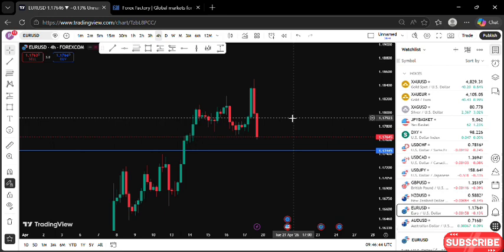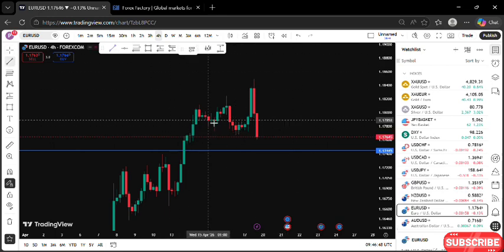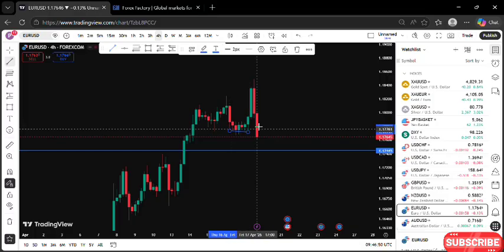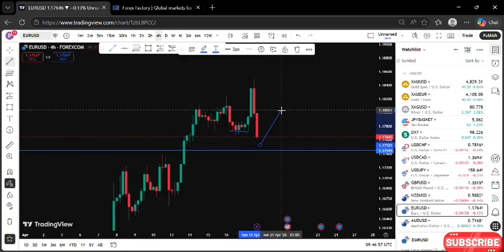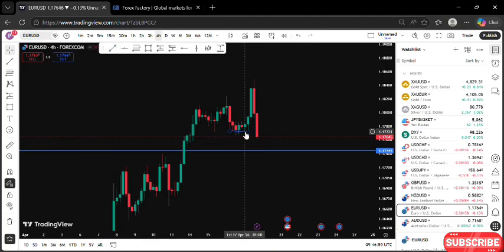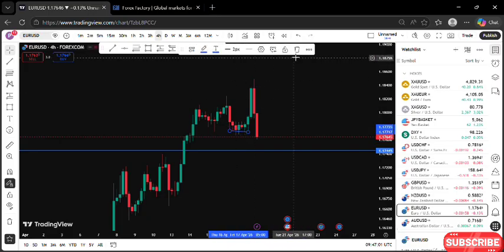You can see what is happening here. This is liquidity here. So this candle is taking the liquidity. By the time it touches this place, you can see that the market will start going up again. But on Monday, we'll establish that bias.